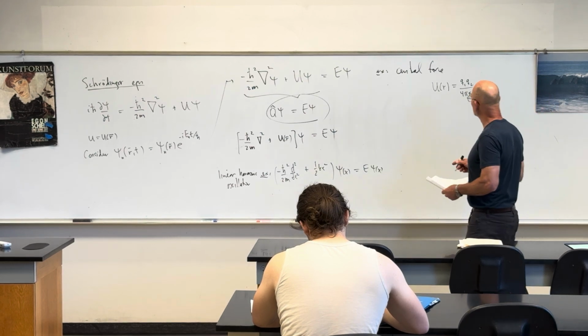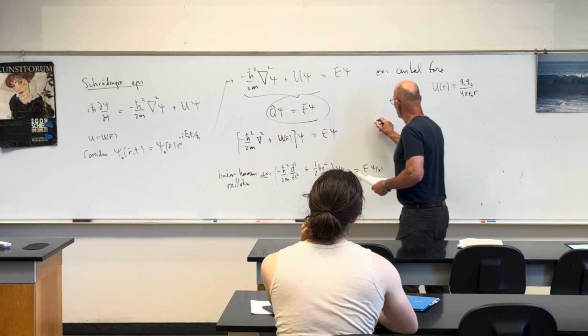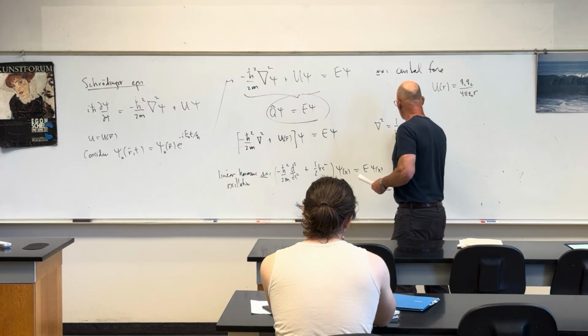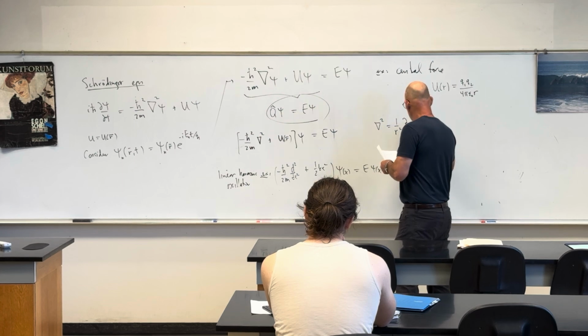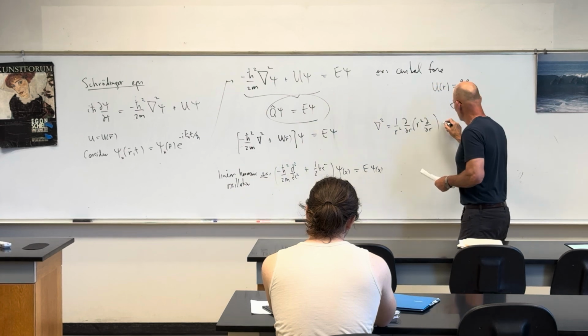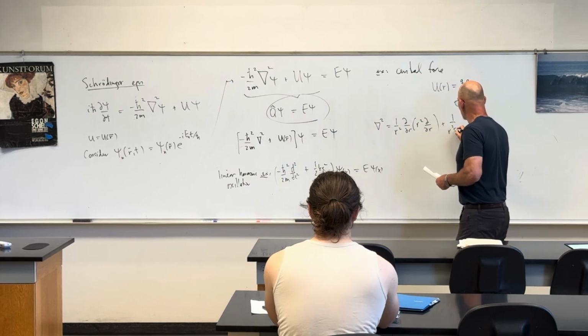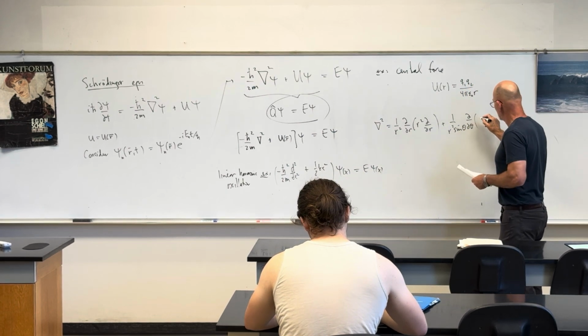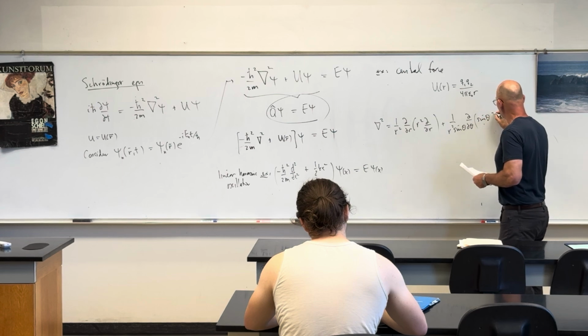So just for fun, I'll write that down. You guys have seen this before. It's 1 over R squared d over dr, R squared d over dr, plus 1 over R squared sine theta d over d theta, sine theta d over d theta.